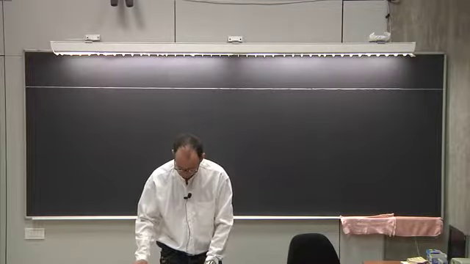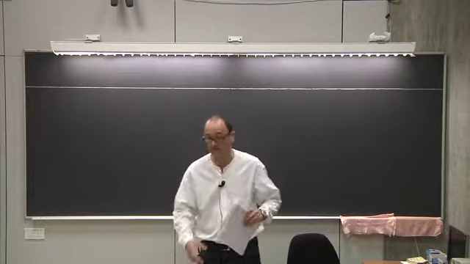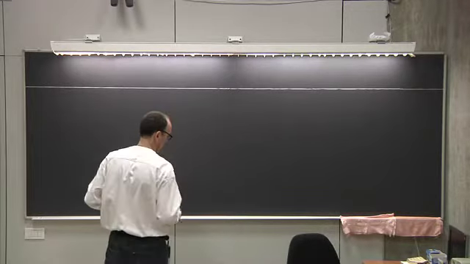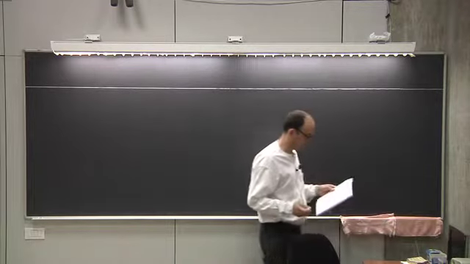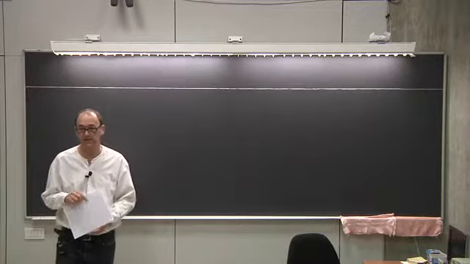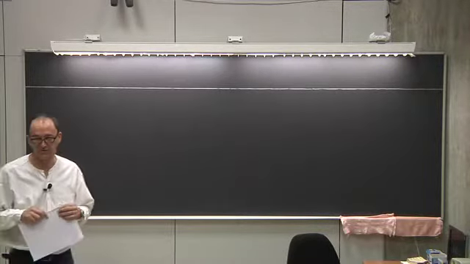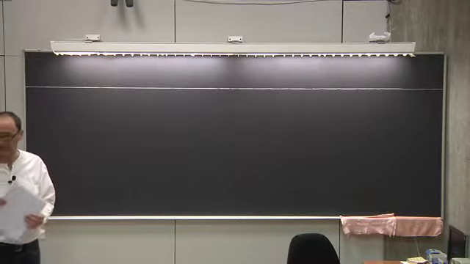Okay, so last time we started discussing quantum statistics, and we have seen that because of the indistinguishability of particles, we have to count the states in a different manner.